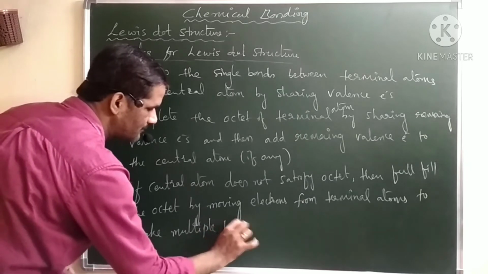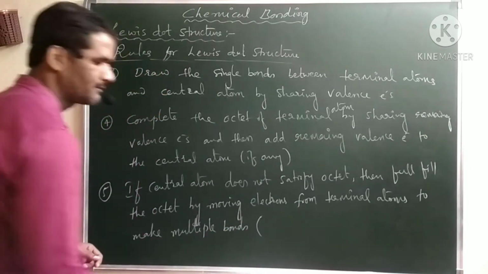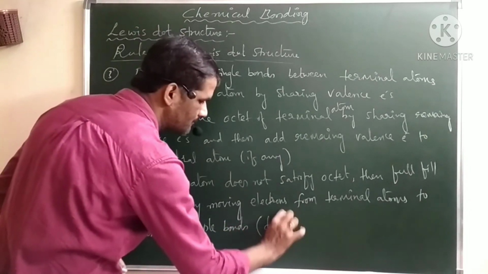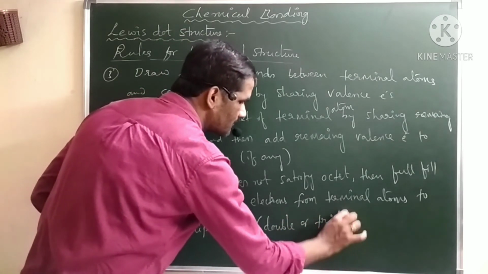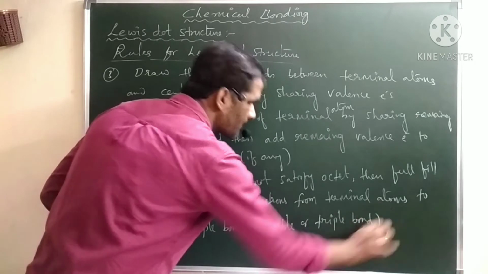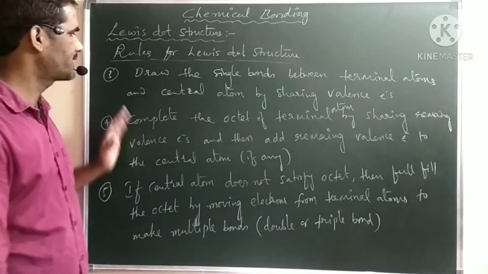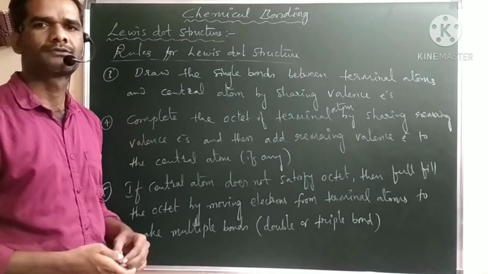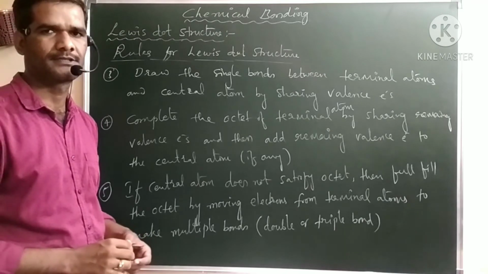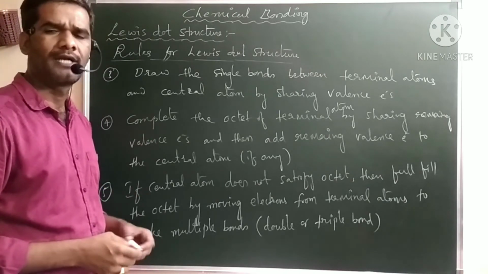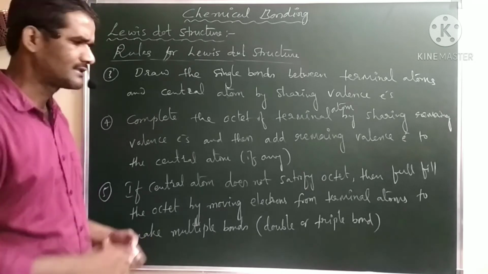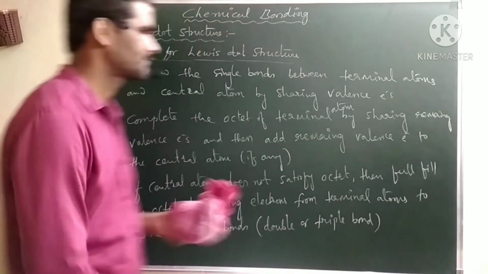Here multiple bonds may be a double bond or triple bond. So these are the 5 rules to draw the Lewis dot structures for a covalent molecule. Generally this will apply for covalent molecules. Let us see some examples here.